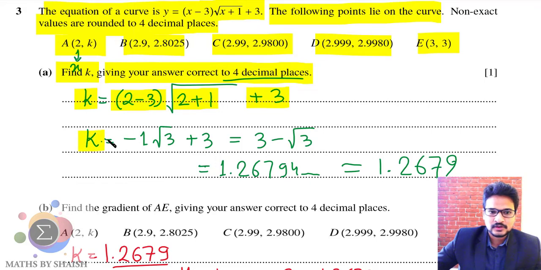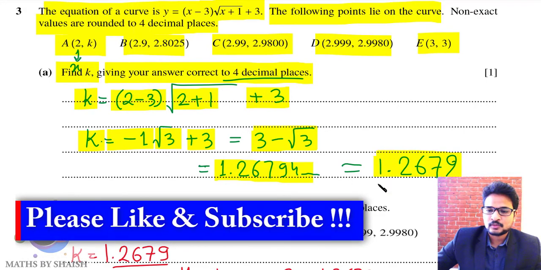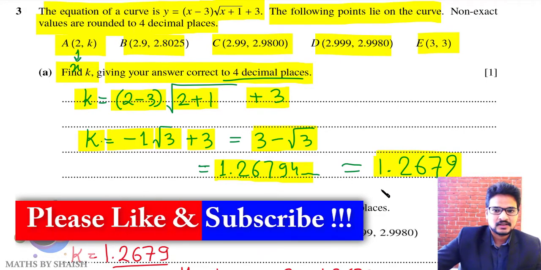So it becomes k equals minus 1 root 3 plus 3, or we can write 3 minus root 3. And since we are going to give the answer to 4 decimal places, first of all you calculate it: 1.26794 from the calculator and so on. So to 4 decimal places it is 1.2679, and that's the answer.